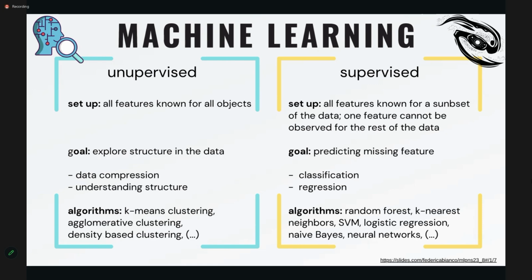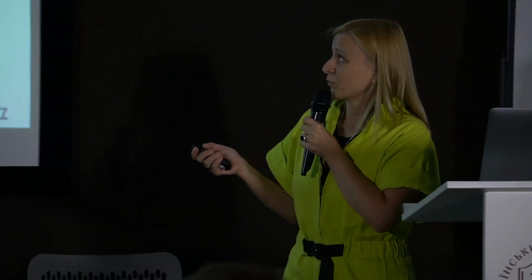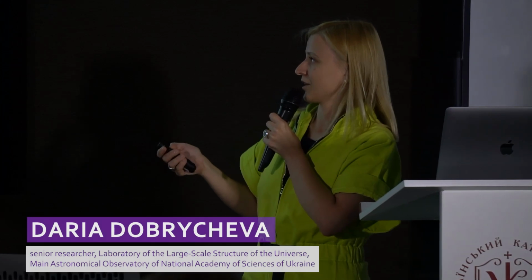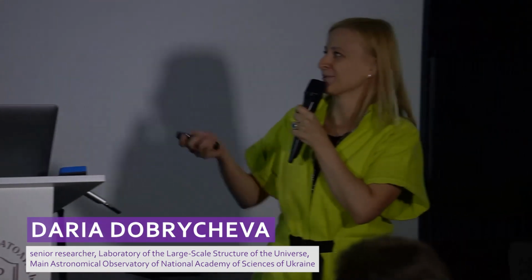We use a lot of clusterization methods. In the supervised learning method, we know all features for some part of the sample, but for another part we don't know this information, and with the help of this method our goal is to predict the missing features. This method is used for classification and regression. In my presentation, I will talk only about classification, because I present results about classification.